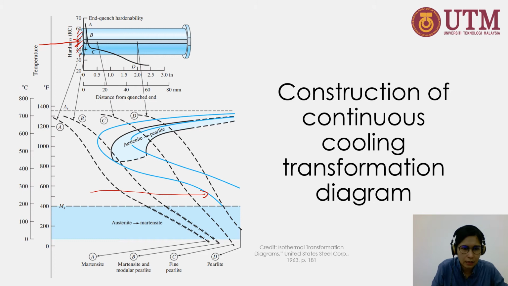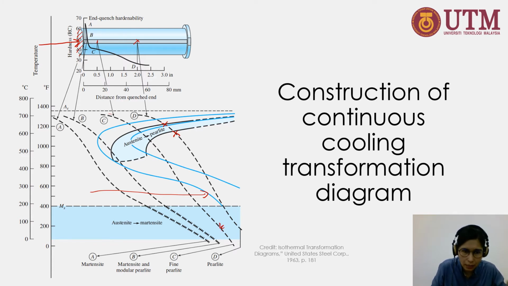For instance, for this location, the cooling rate is with this curve here. And by microscopic observation, the transformation starts here and ends here. This is only for eutectoid steel. For this location, location C, the cooling rate is this dashed line here.